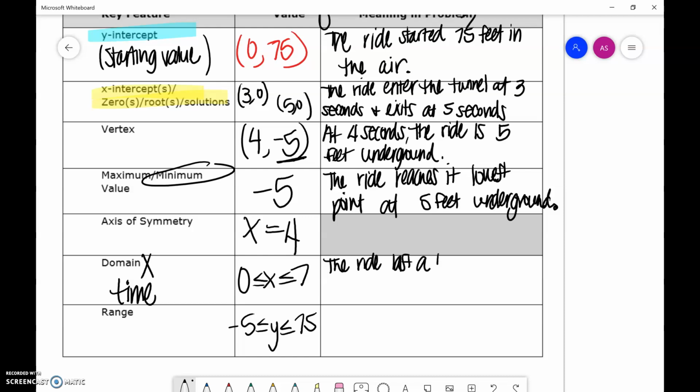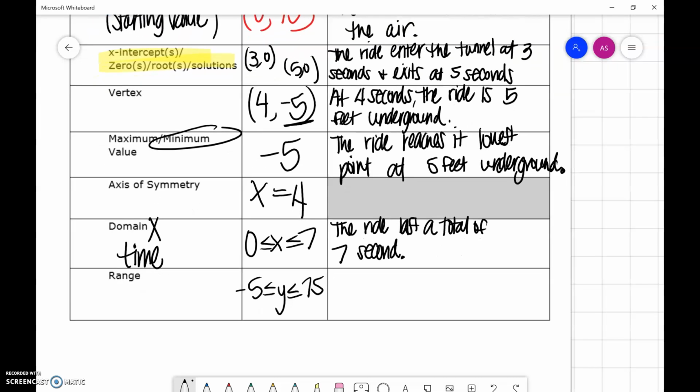Sorry, not 2 seconds, 7. I was thinking about those 2 seconds in a tunnel. So this ride is 7 seconds. Somebody did say that this ride was really short. Maybe so. Maybe it's one of those roller coasters that go back and forth, or maybe it's a kiddie roller coaster. So the ride lasted a total of 7 seconds.